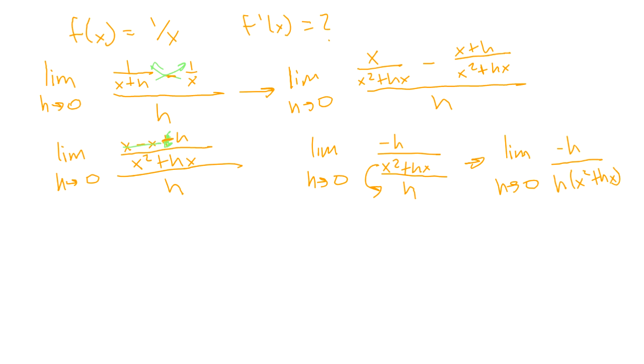All right, so now you can finally move somewhere again. So we can go ahead and eliminate these h's. So we're just going to be left with a negative 1. So now we can finally take our limit.